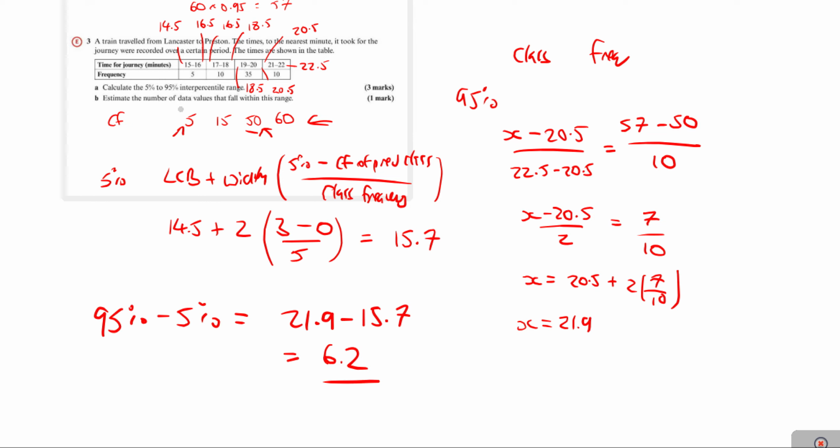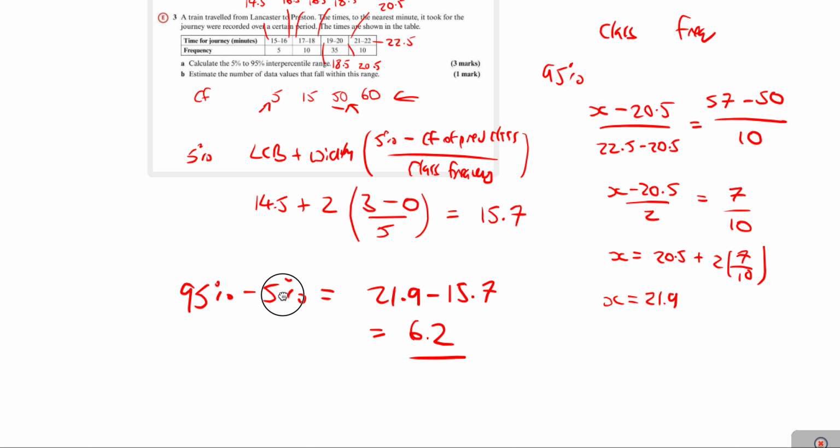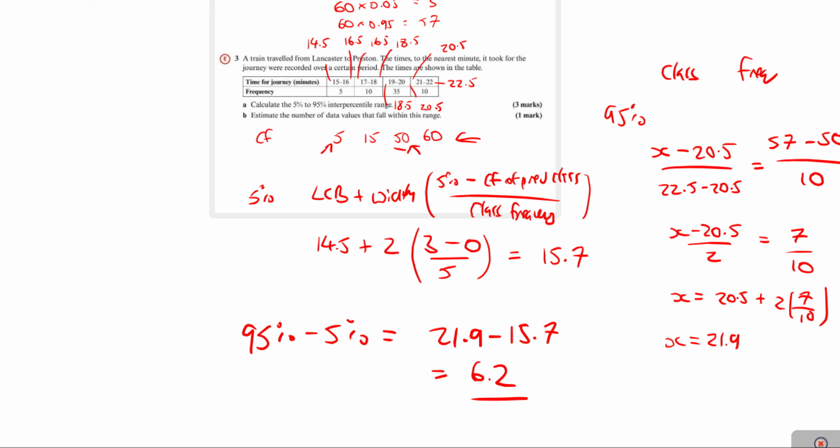And then part B, estimate the number of data values that fall within this range. So the number of data values is essentially going to be the number of train journeys. So essentially, we're going to do the 95% value, and we're going to subtract away the 5%.